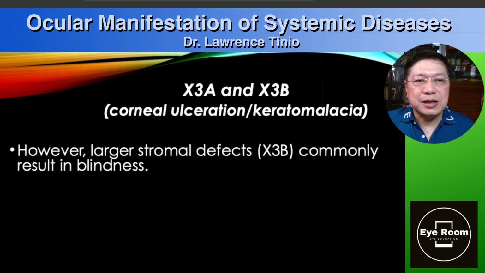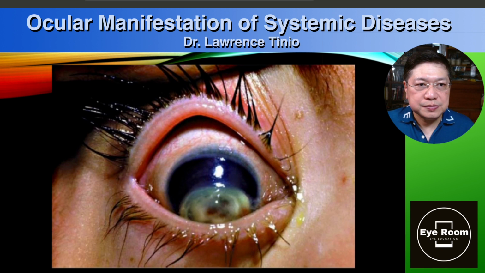Now, if it becomes larger, especially in X3B, usually this would result in blindness. Sometimes we just call it functional blindness, meaning that the patient cannot see well enough in that eye to be able to function or do their daily activities.